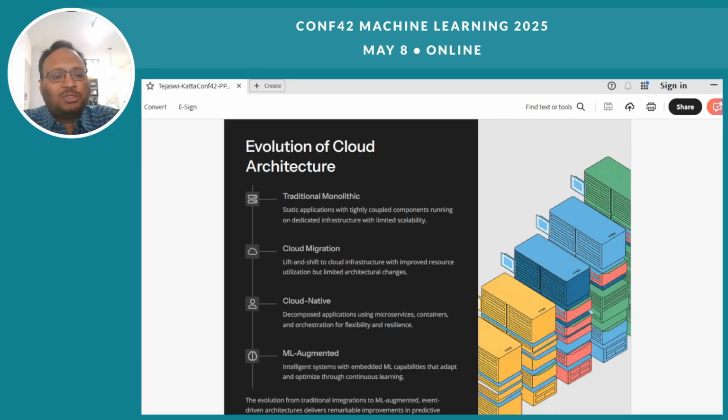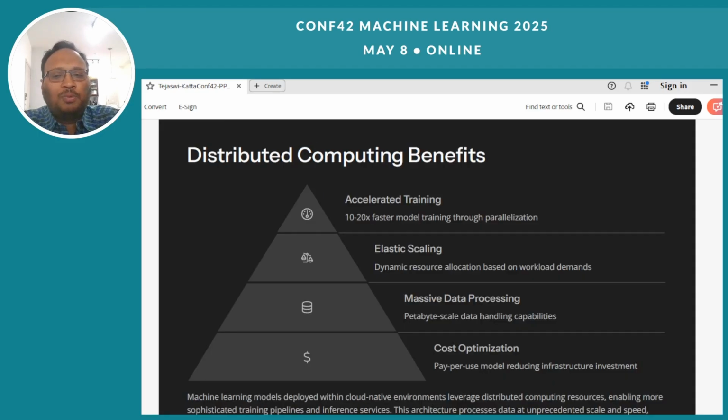Cloud native approaches broke these monoliths into microservices in containers with orchestration, delivering resilience and flexibility. So finally, by augmenting this model with embedded ML, our systems continuously learn and adapt, unlocking predictive and automated decision making. In the next slide, let's look at the distributed computing benefits.